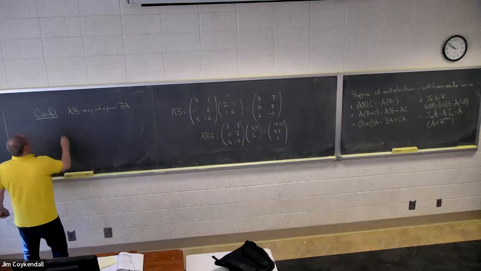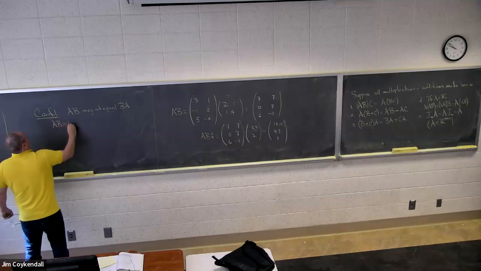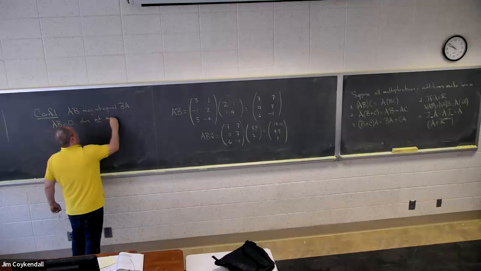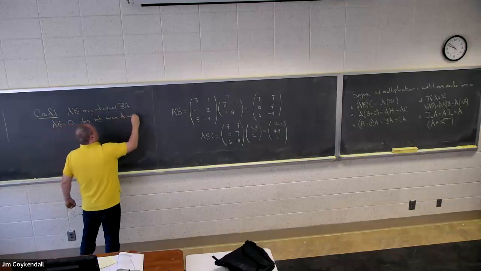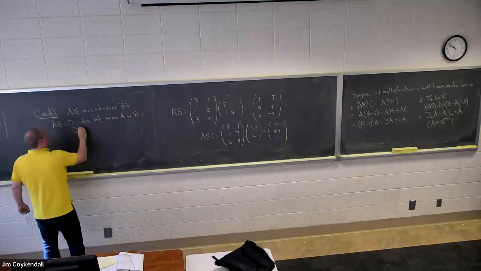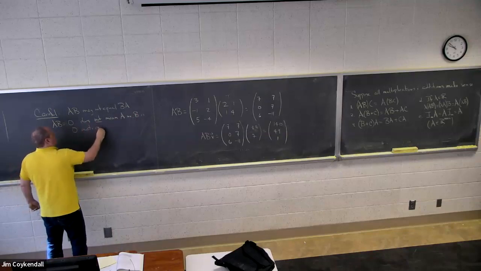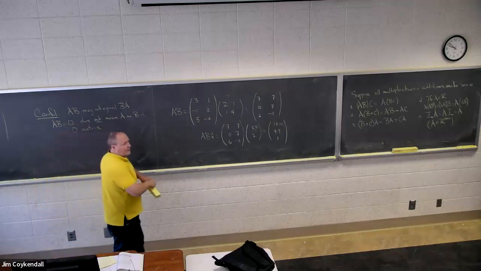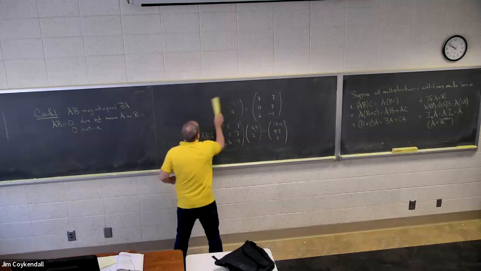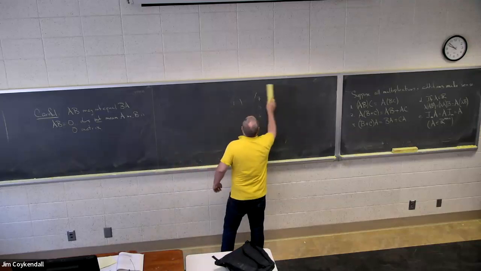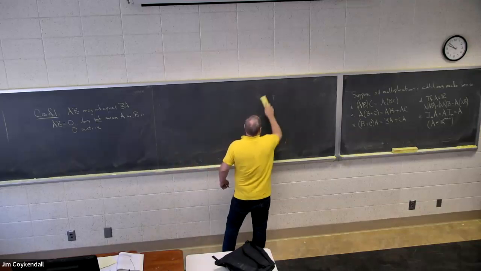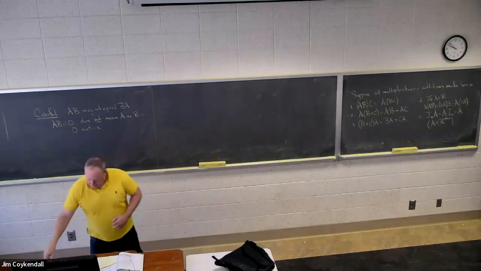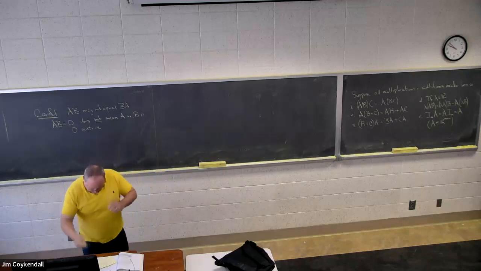Also, see if you can find a simple example of this. Multiplying two matrices together and getting the zero matrix does not mean that either of the matrices have to be zero. You can multiply two non-zero matrices and sometimes get zero. In fact, you can square a 2 by 2 matrix and get zero.